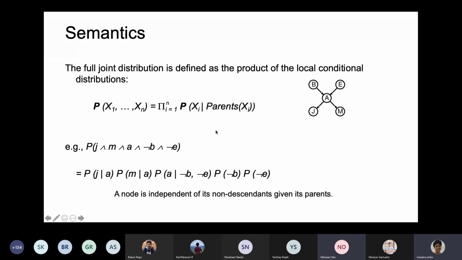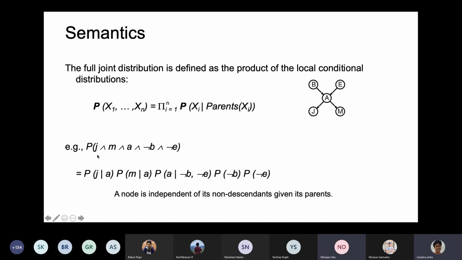Say, for example, I want to find the probability that J calls, Mary calls, the alarm has gone off, but a burglary didn't happen and also an earthquake didn't happen. So it will be the joint probability of J and M and alarm and not B and not E. How will we compute this?